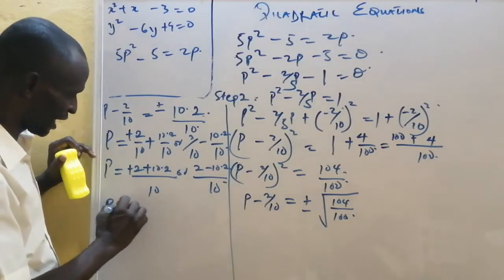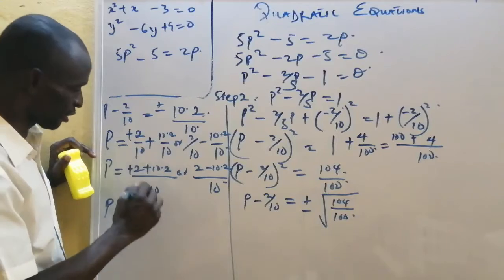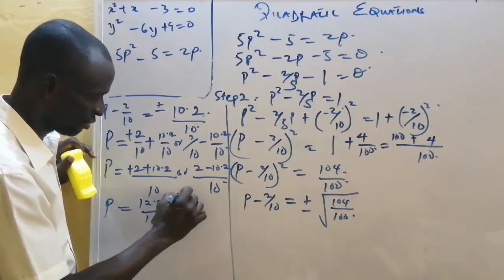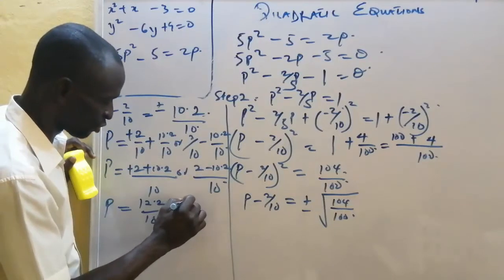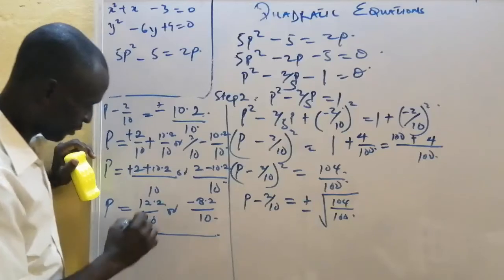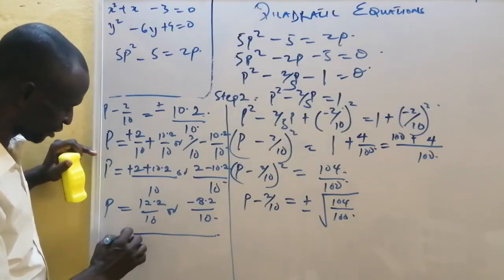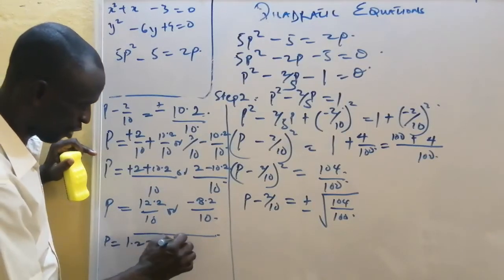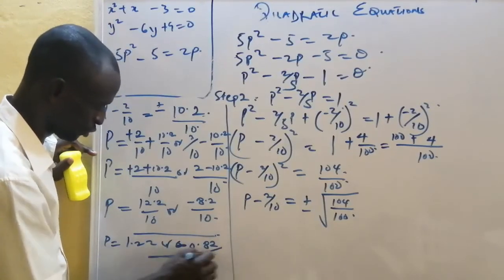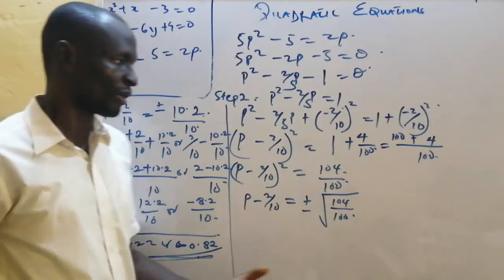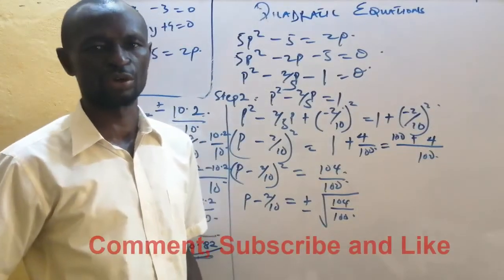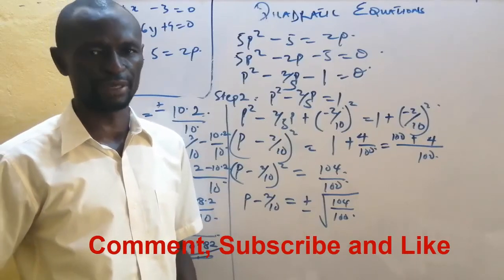So that my p finally is equal to 2 plus 10.2, that's 12.2 over 10, or 2 minus 10.2, that's minus 8.2 over 10. With that, I can say that my p is equal to 1.22 or minus 0.82.